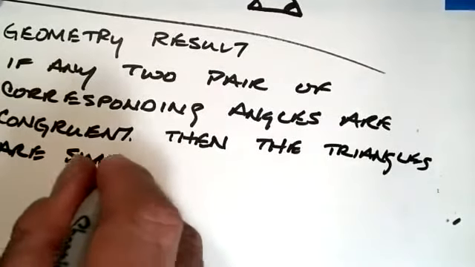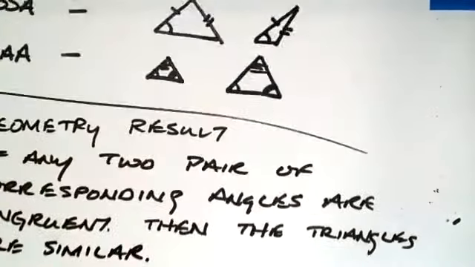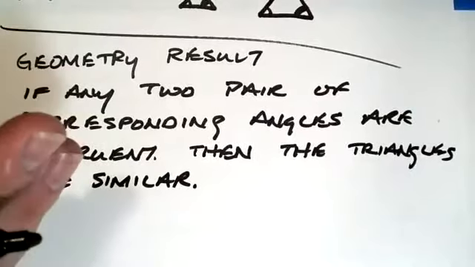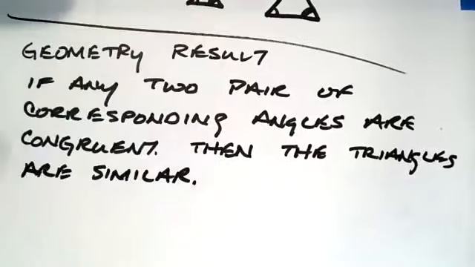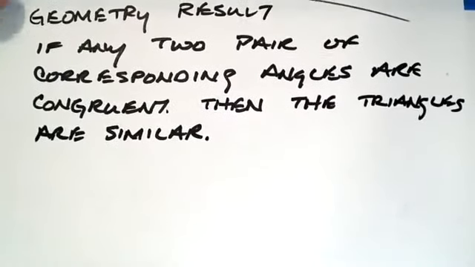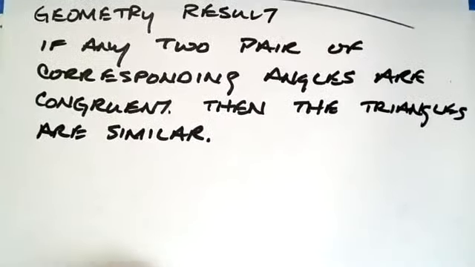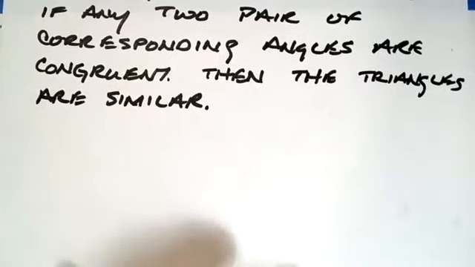Now this is just simply because the sum of interior angles equals 180 degrees. So if you got 2 of them on one triangle equal to 2 on the other, well, the remainder is just whatever gets you to 180 degrees, and so it has to be the same number. This is not a shocking result, but it's just something I wanted to state.